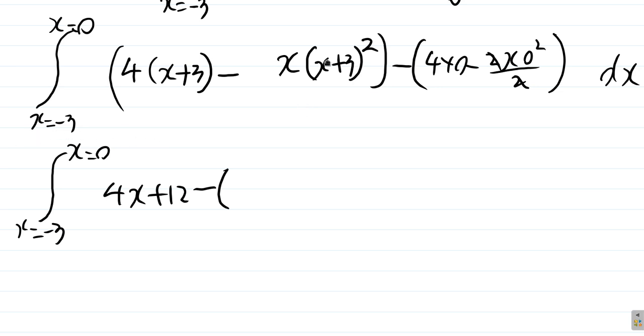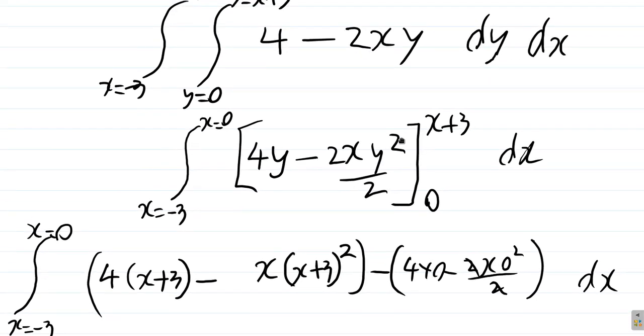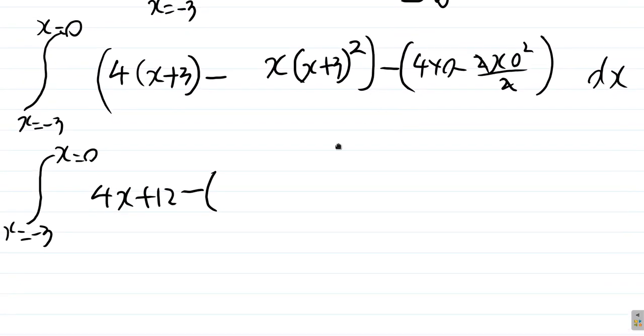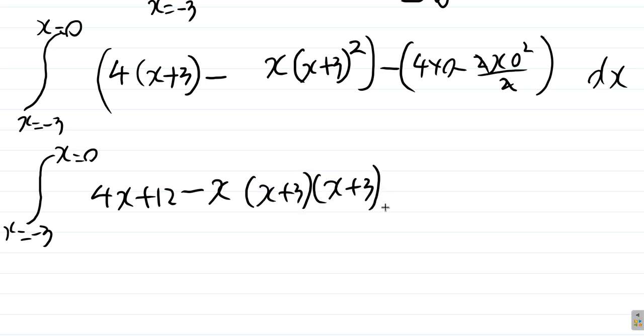So remember, it was y squared over 2. Right? So it's x plus 3 squared. Oh my. It's not minus open bracket. Okay, it is minus x, then open bracket. So it's x plus 3 by x plus 3. Right? Minus 0. This part amounts to 0.